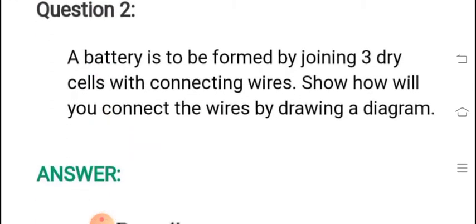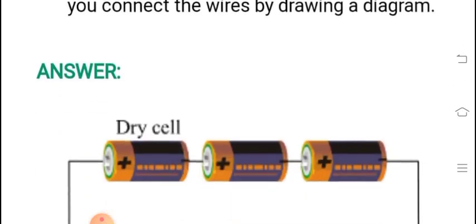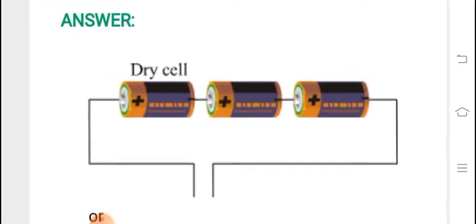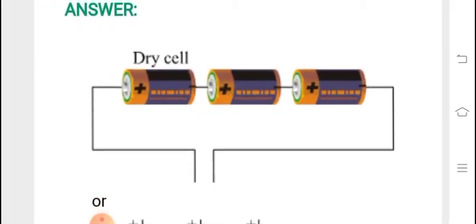Question number 2. A battery is to be formed by joining 3 cells with connecting wires. Show how you will connect the wires by drawing a diagram. This is the answer. If this is the battery, a dry cell, then the positive terminal of one cell is connected to the negative terminal of another dry cell.